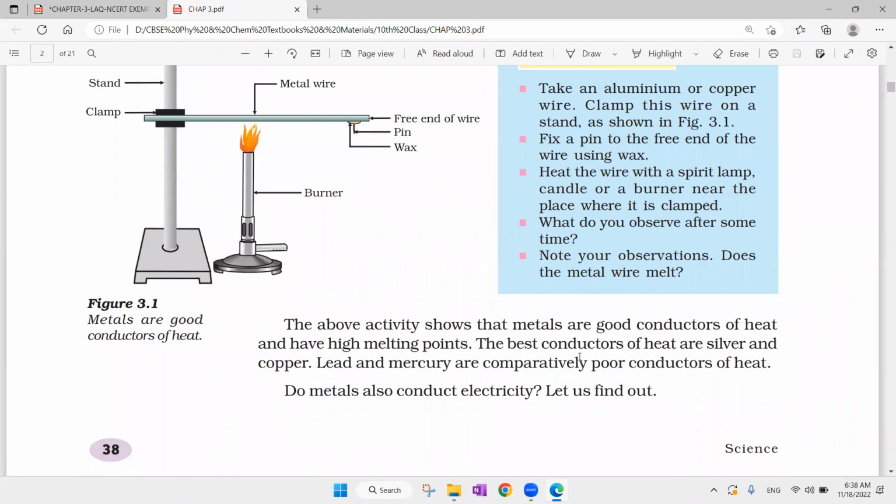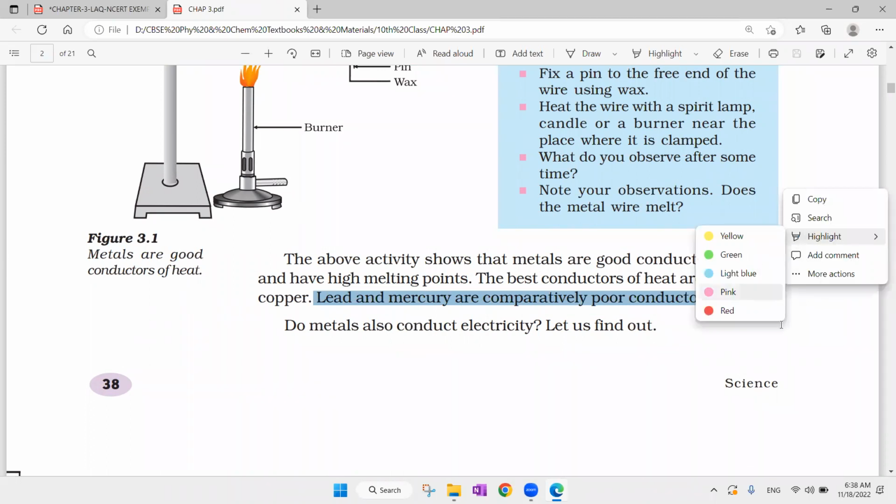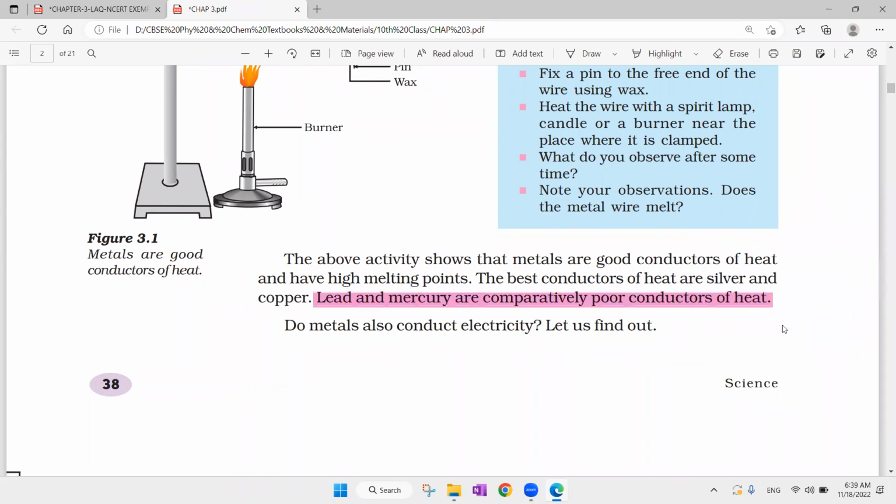Here, ask your teacher to observe the 38th page. Lead and mercury are comparatively poor conductors of heat. So it is given in the textbook, isn't it?